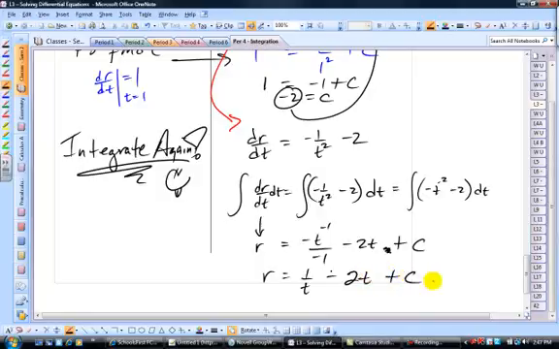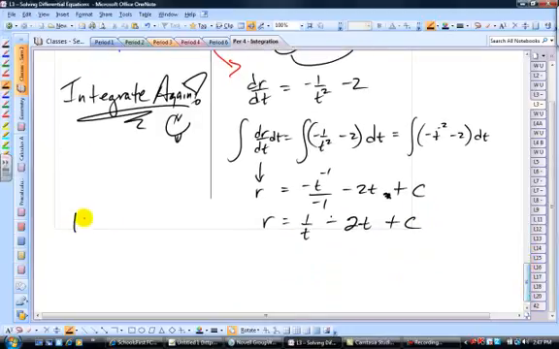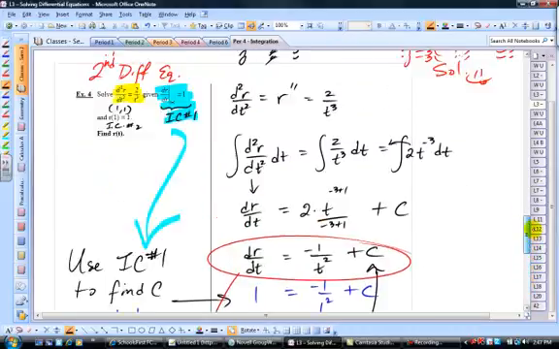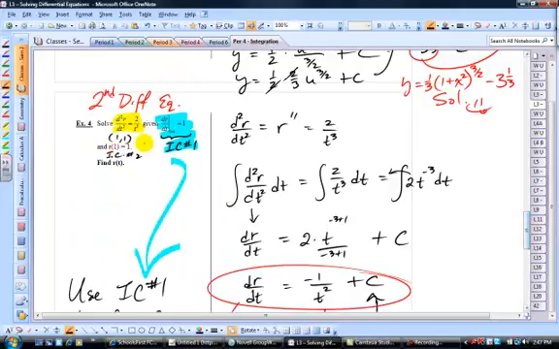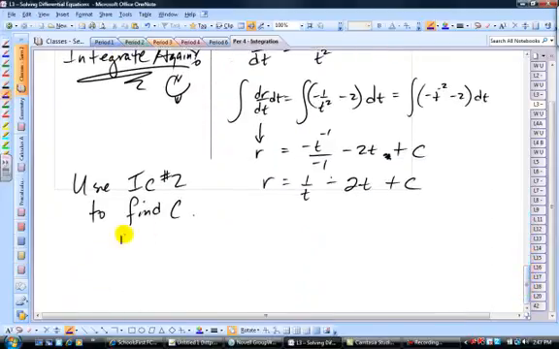Okay, so what I need to do is find c again. So what do I do? Well, I use my second initial condition right there. So use initial condition number 2 to find c. Okay, what is my second initial condition? Let's look up top. Well, it says right here r of 1 equals 1. So let's write that down. R of 1 equals 1.